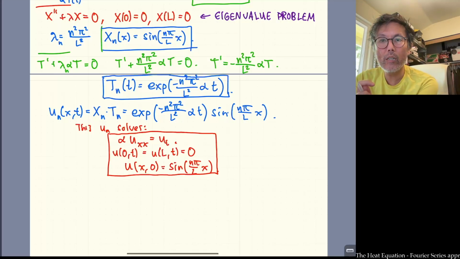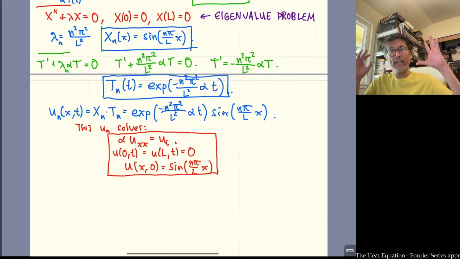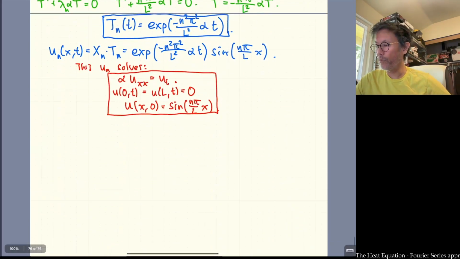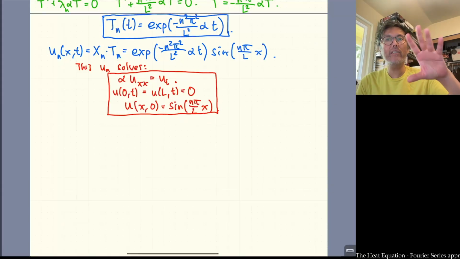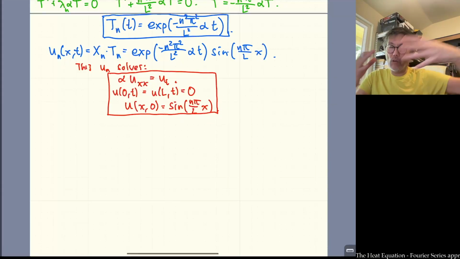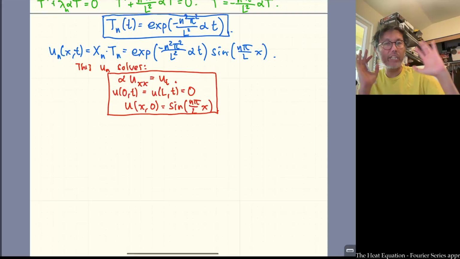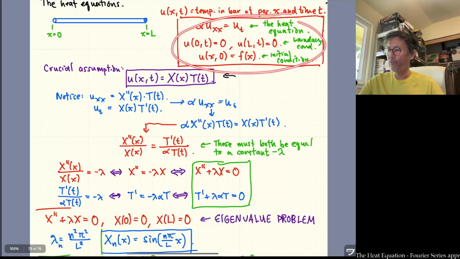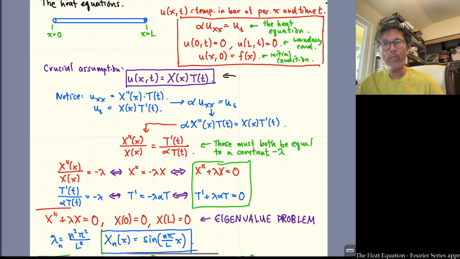In the next video, I'm going to solve this by taking my f of x here and writing it in terms of sine n pi over L times x's. And you're going to see how we can then use that. Of course, what it is is a Fourier series. We can use that to write down the solution to this problem. Okay? All right, see you in the next one.